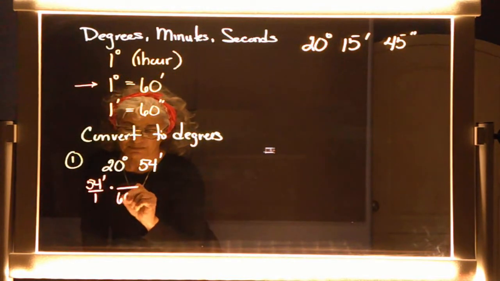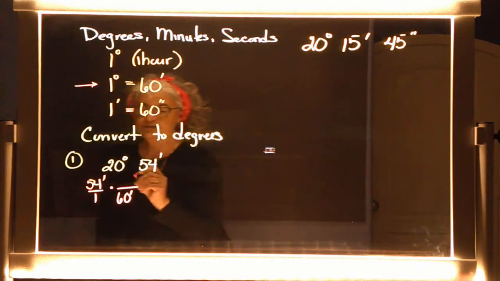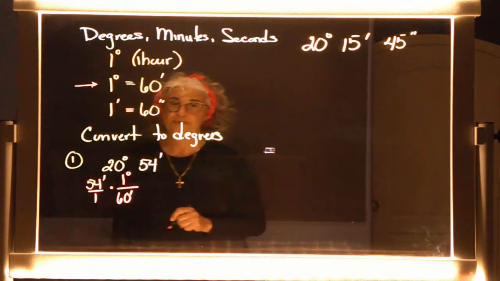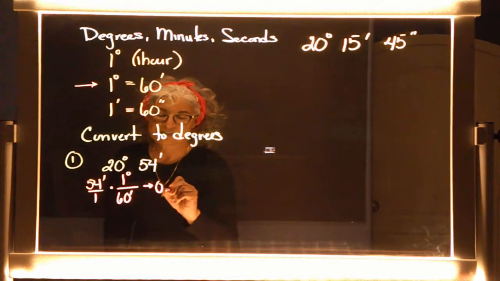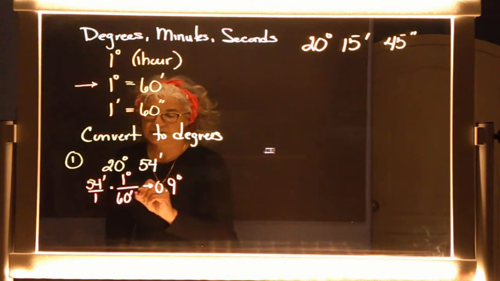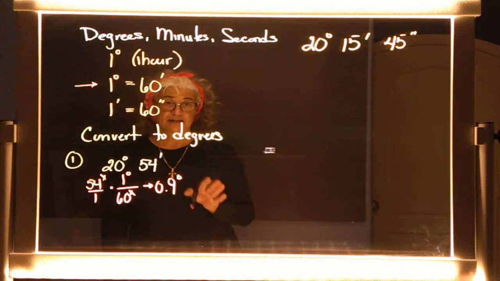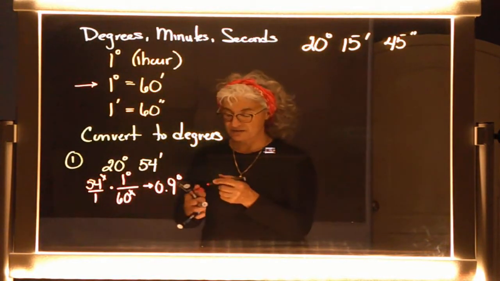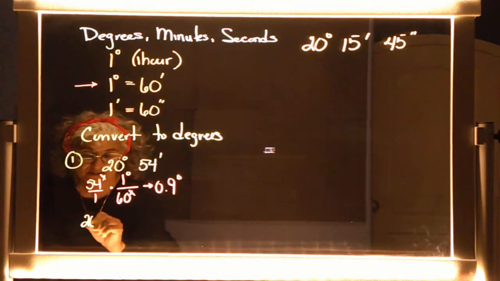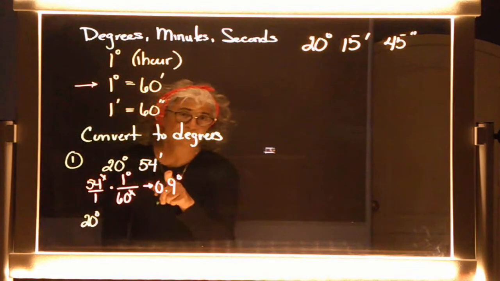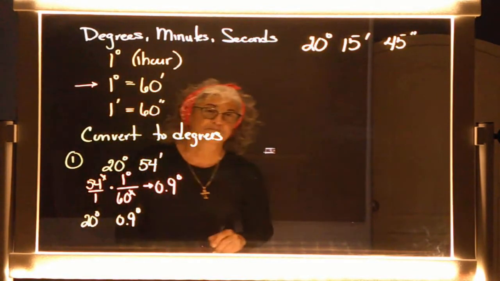Right, I put minutes. And the 60 follows with it. Which means the 1 degree is on the top. And when I figure this out, I get 0.9 degrees because those minutes canceled. Got it? Which means I have 20 degrees and this 54 minutes converted to 0.9 degrees, didn't it?